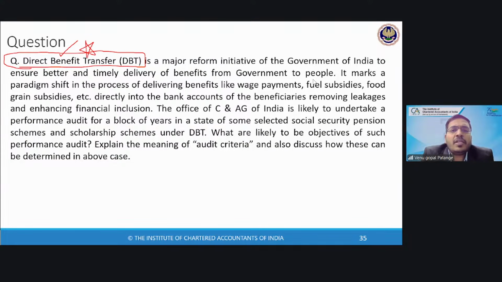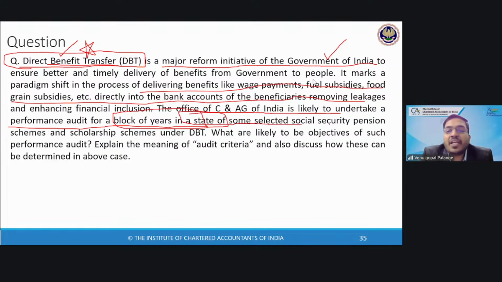You may know that government informed people to open bank accounts to take the benefit of direct benefit transfer, right? So a live case from government they have taken, a program implemented by PSU, Government of India, delivering benefits like wage payments, fuel subsidies, food grain subsidies, etc. The Office of C&AG wants to do a performance audit for a block of years in a state of some selected social security pension scheme.